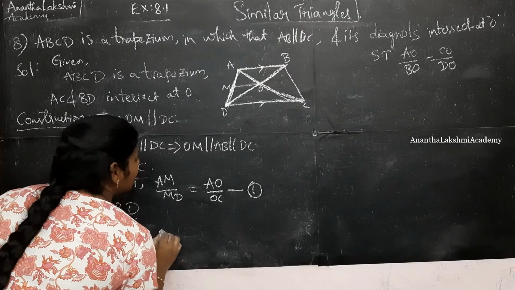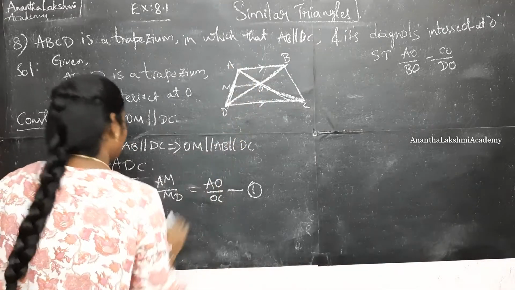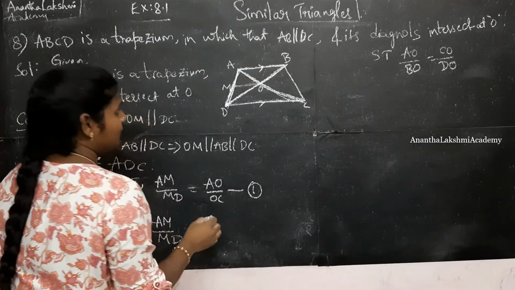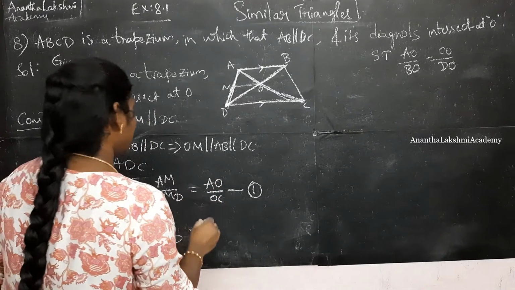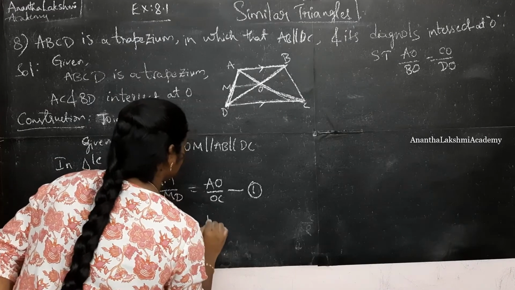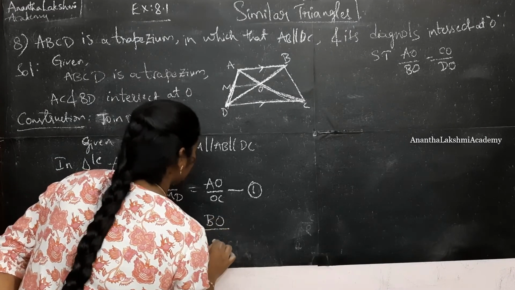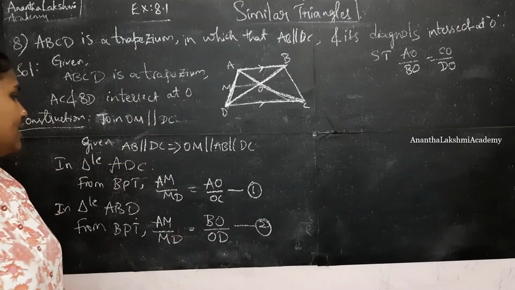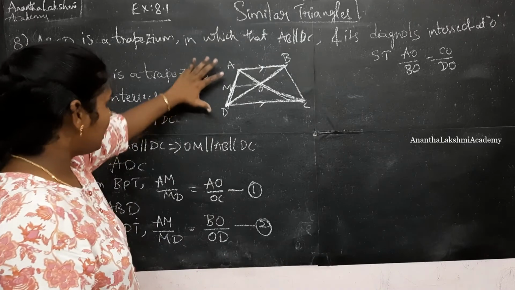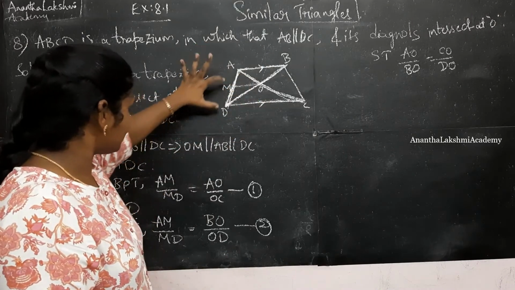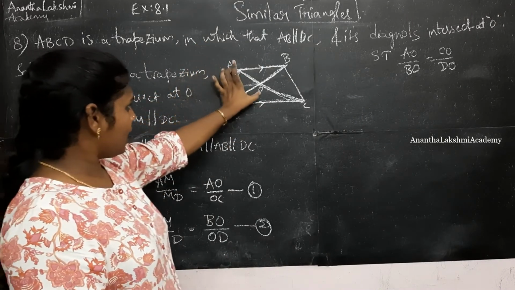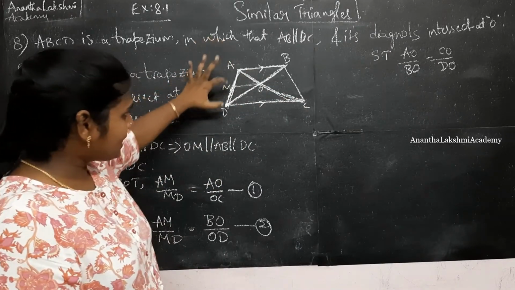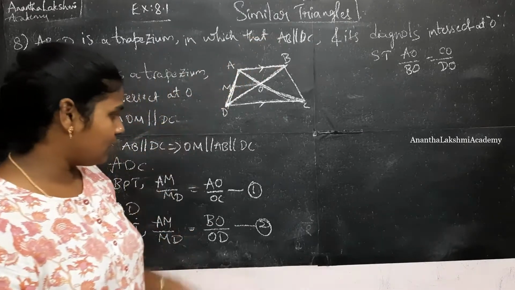So since OM is parallel to AB, this is going to be AM by MD is equal to BO by OD. Isn't it? I am going to consider this as equation number 2. When we consider the first triangle, we write AM by MD is equal to AO by OC. Now, when we consider the second triangle, we wrote AM by MD is equal to BO by OD.